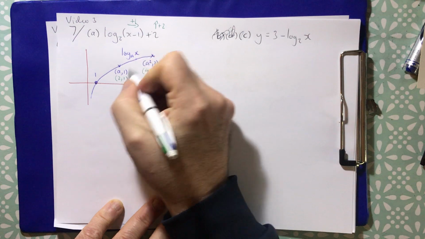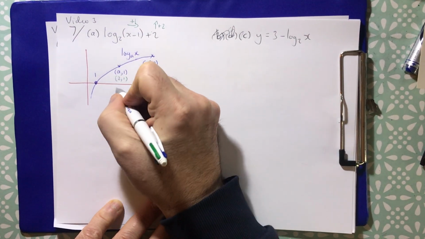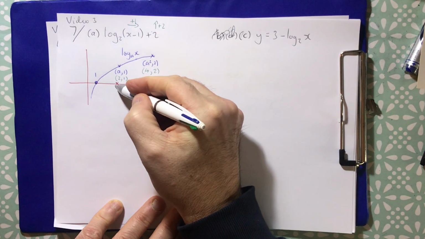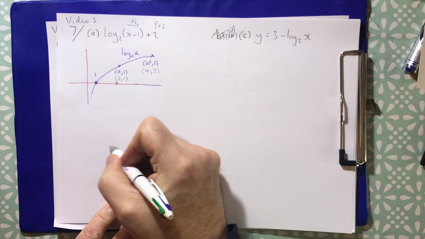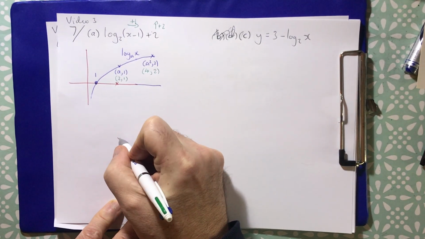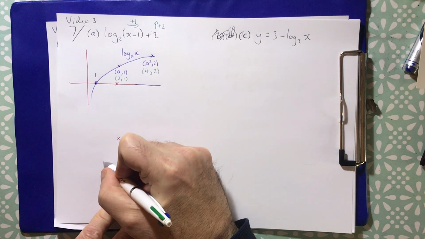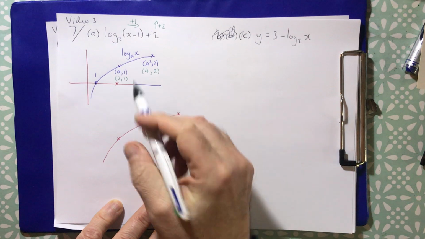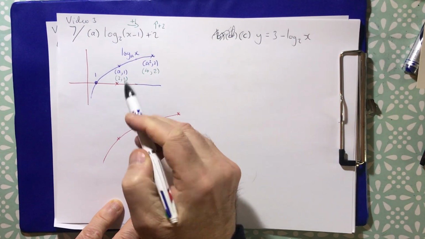Okay, if you looked at it, we were shifting it along 1. So that point would move to there, but then we're going up 2, aren't we? In fact, let's do it over here. So we're going to have our 3 points. If our graph looks like that, then our 3 points, remember we've shifted them across 1.